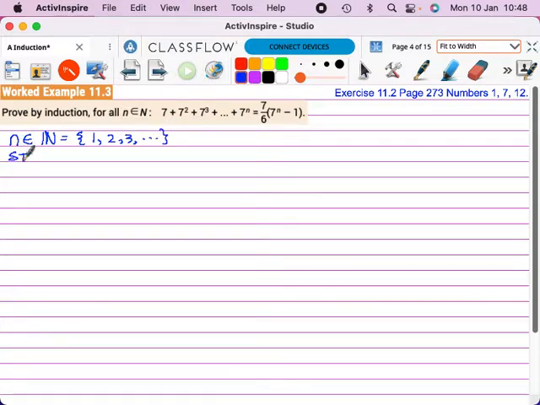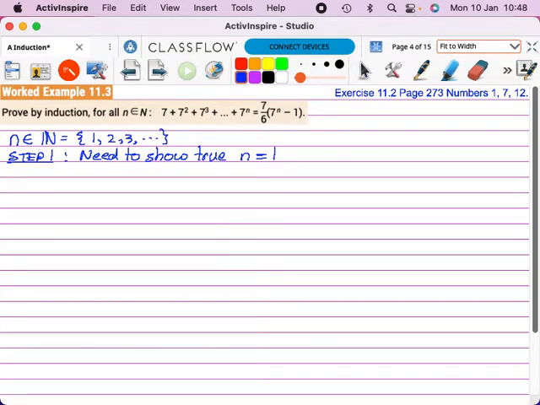So that informs us for step 1 that we need to show true, doesn't matter what language you use, for the smallest value of n, which in this case is n equals 1.